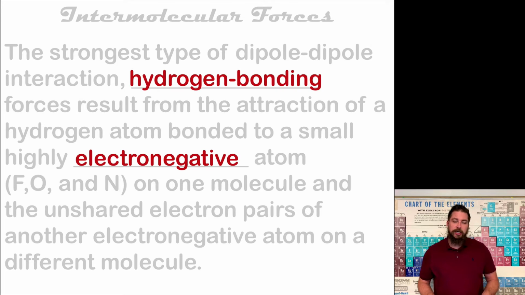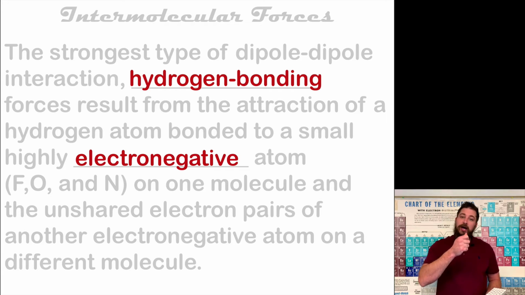The next type of intermolecular force we're going to talk about is another type of dipole-dipole interaction, but a special type. It is called hydrogen bonding. Hydrogen bonding is an extreme type of dipole-dipole, a very strong type of dipole-dipole interaction.